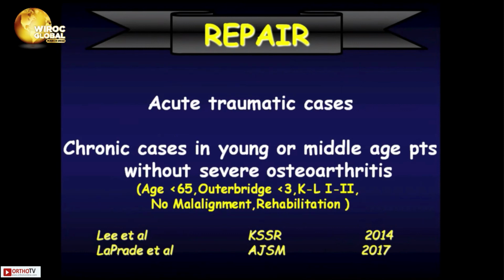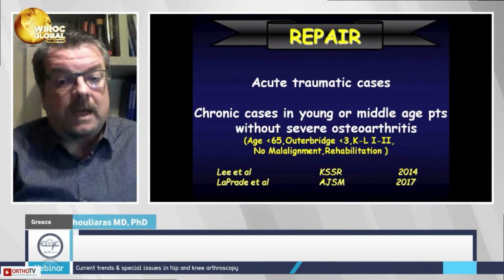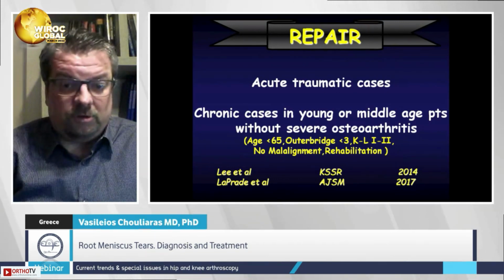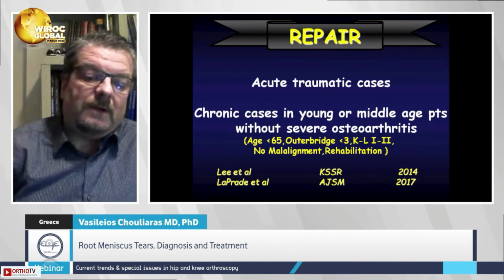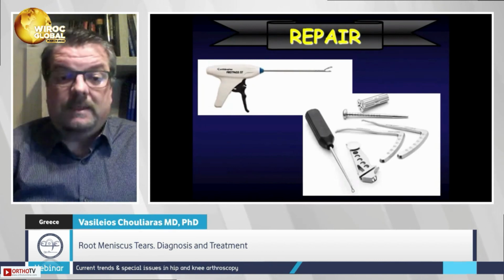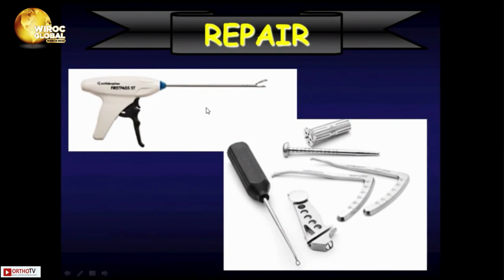When? In acute traumatic cases, especially for the lateral meniscus and especially with young patients with ACL tear, and in chronic cases, in young patients or middle-aged patients without severe osteoarthritis, without malalignment, and without severe chondral lesions in the arthroscopy. Nowadays, we have some special instruments like this from shoulder arthroscopy.